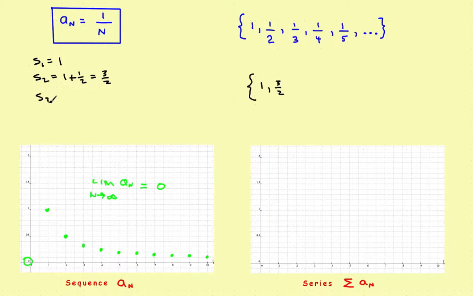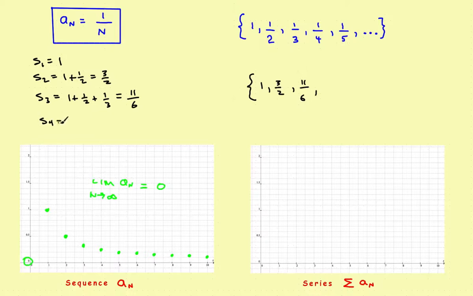Then the third partial sum would be the sum of the first three: 1 plus 1/2 plus 1/3. If I added all that up, I'd get 11/6. So the third term would be 11 over 6. And let's do one more.